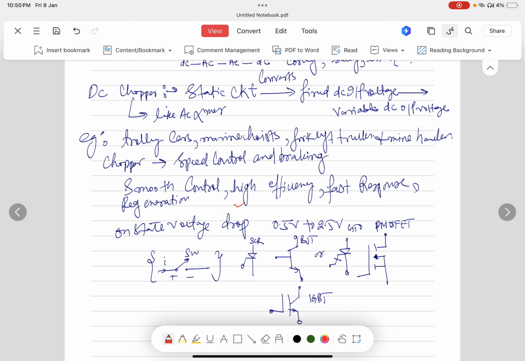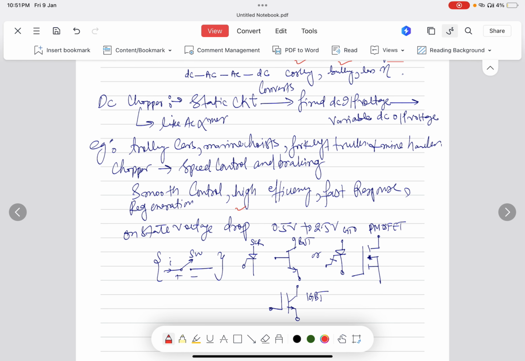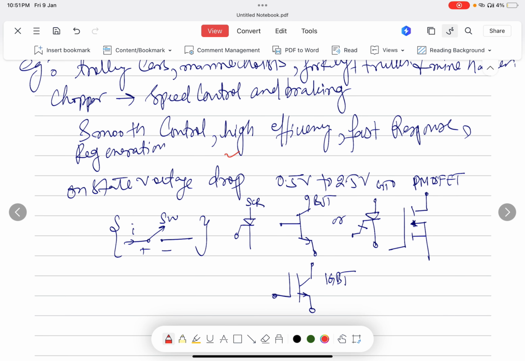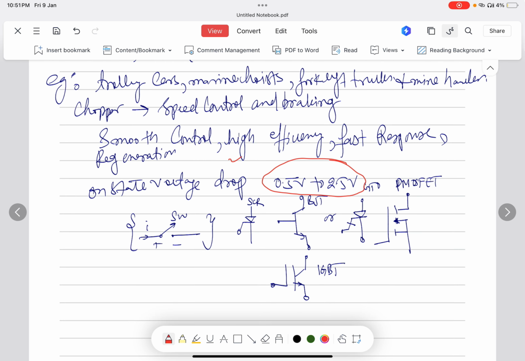The power semiconductor devices used for choppers can be force commutated thyristors, BJTs, power MOSFETs, GTO or IGBT. When the switch is off, no current can flow in the circuit. When the switch is on, the current flows in the direction. The power semiconductor devices also have an on state voltage drop of 0.5 volt to 2.5 volt, as mentioned by P.S. Bindra.